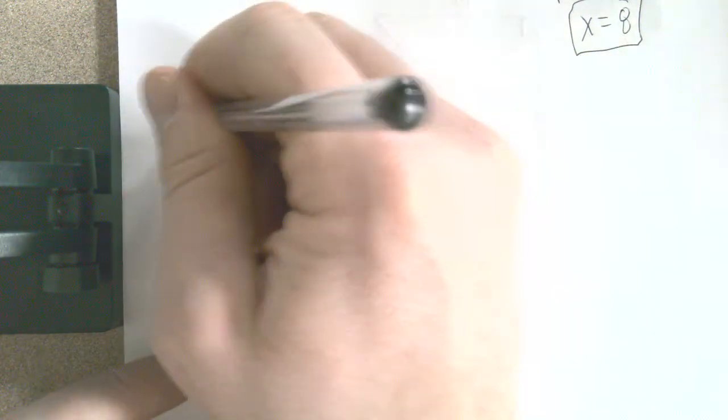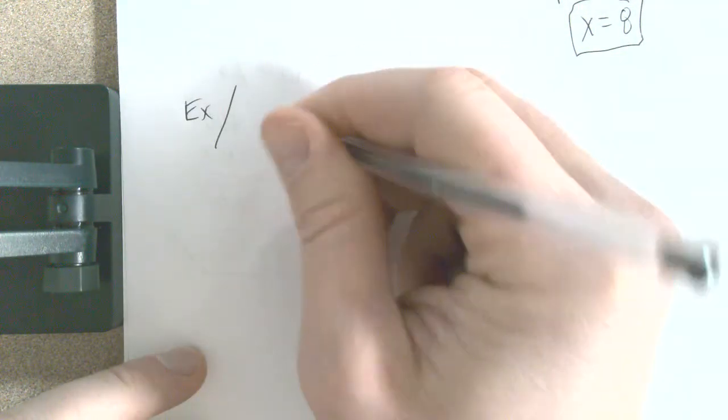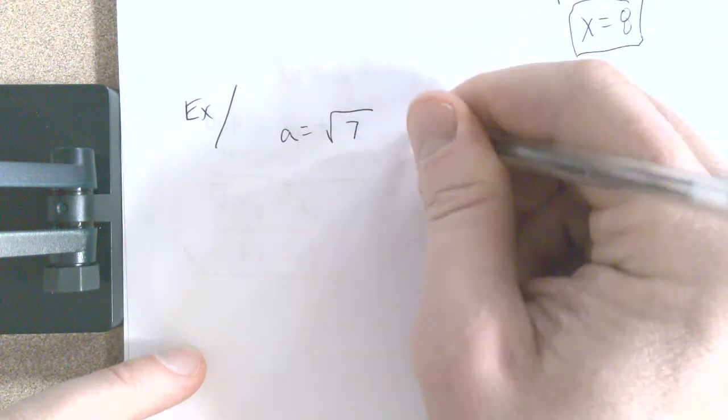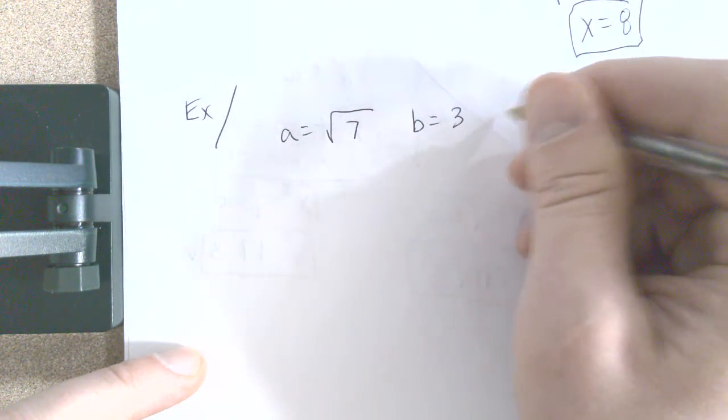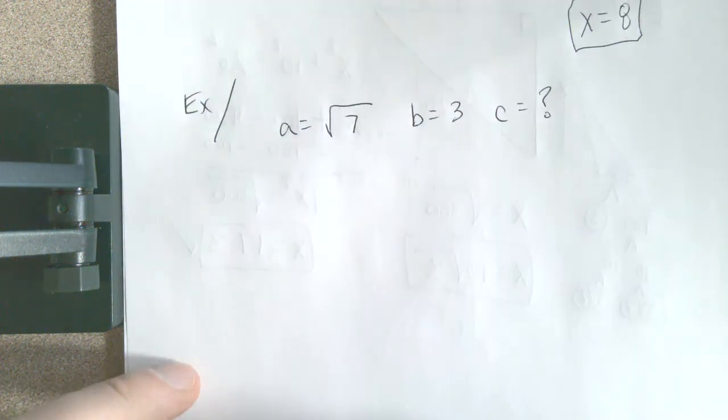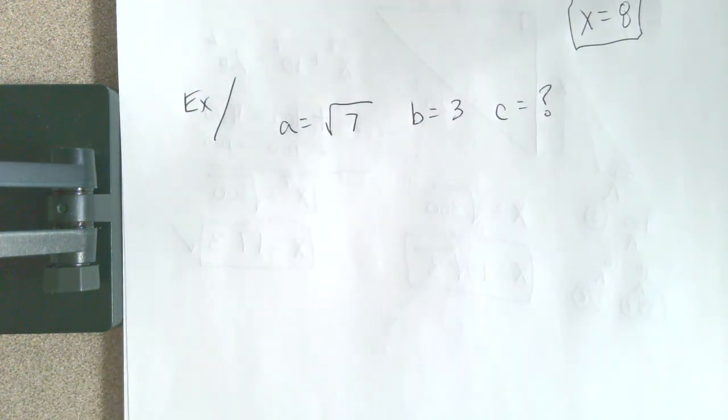So for our last example, I'm not going to draw the picture on this one. They tell you A is radical 7, B is 3. They want you to find the hypotenuse or find C. Go ahead right now and do the Pythagorean theorem and see if you can identify the hypotenuse. Okay, let's take a look at this.